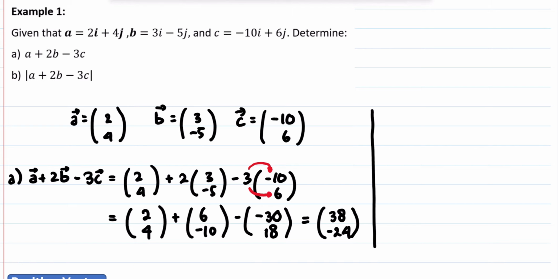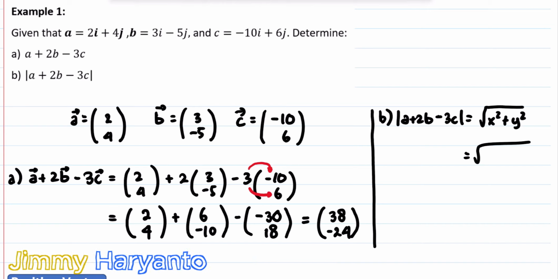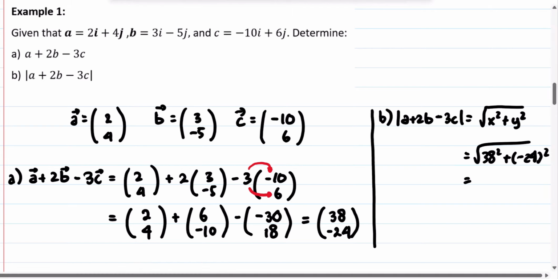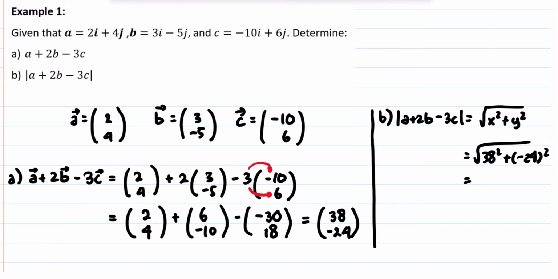Next, question B. The question B wants you to find the magnitude. To find the magnitude, you only have to use the formula, which is the square root of x squared plus y squared, equals the square root of 38 squared plus negative 24 squared. Let me calculate it first.